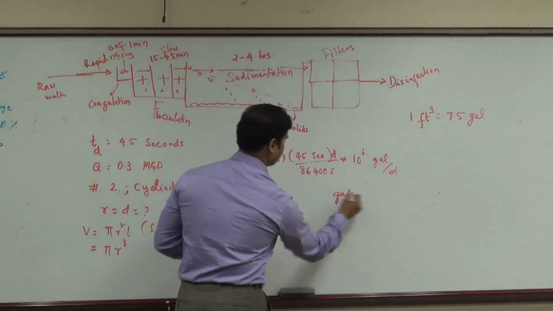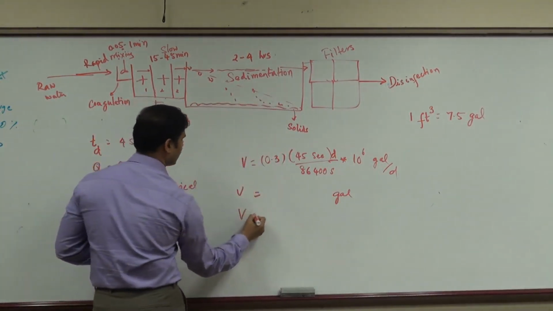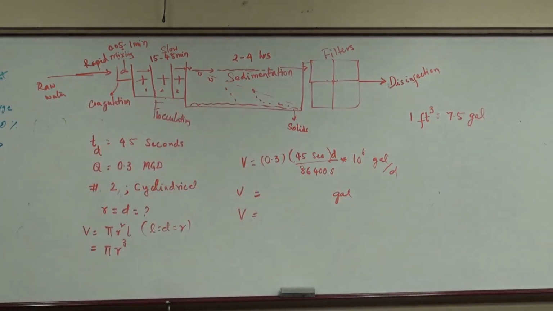Is that right? Once you have the volume, how much is your volume? So I have the direct answer over there. Wouldn't you have to divide it by 2 since it's 2 identical tanks?